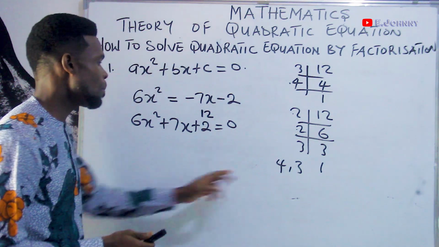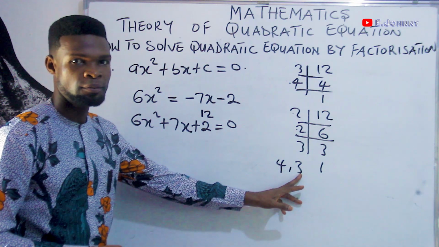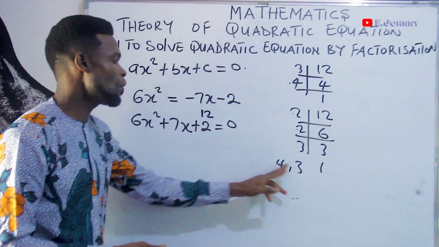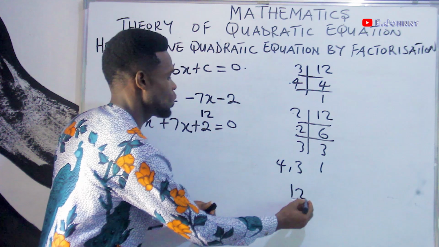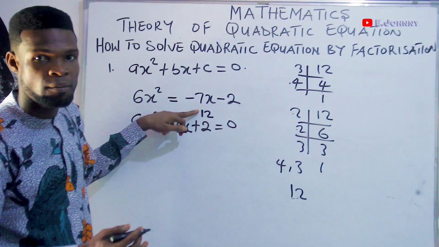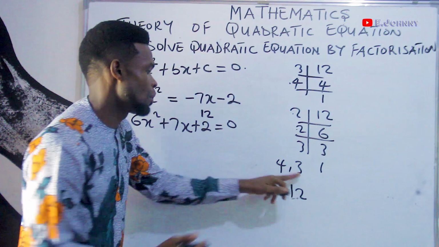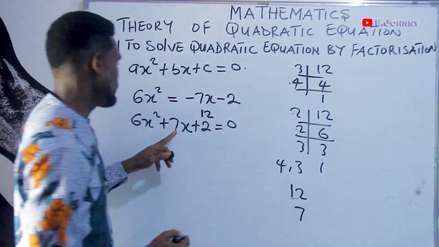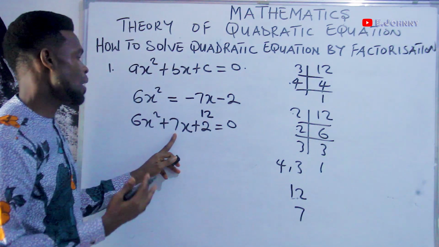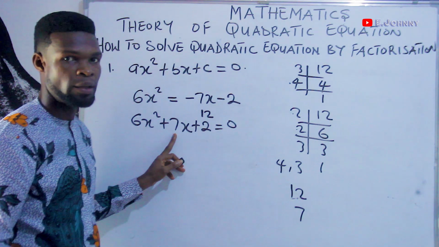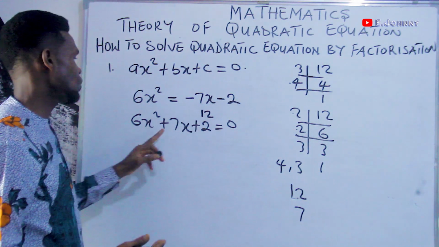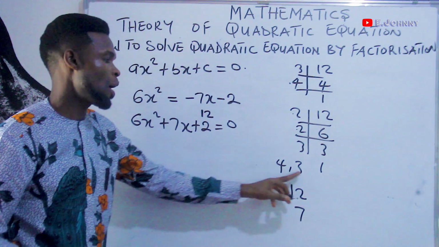So now the two numbers are 4 and 3. Now let's multiply. 4 times 3 will give us 12, which is this 12 here. And then 4 plus 3 will give us 7, which is this 7 here. So that means that the two numbers that when you multiply, you get 12, and when you add, you get 7, is 4 and 3.